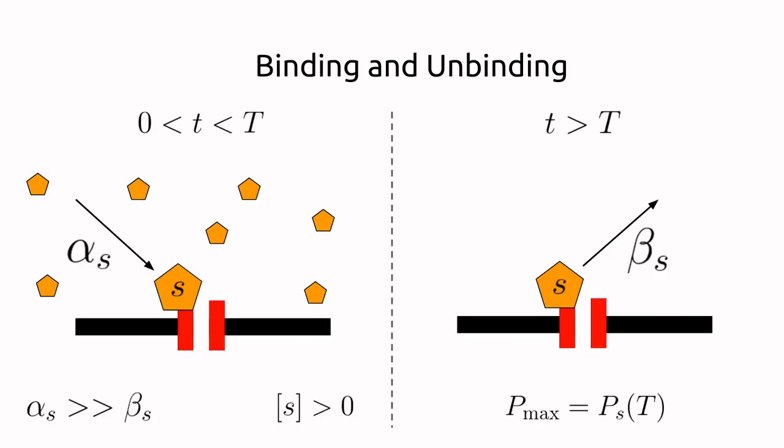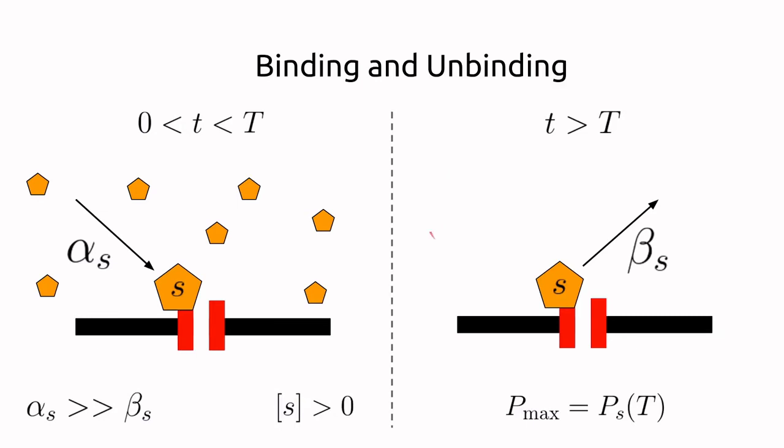So since the binding and the unbinding processes occur at different rates, we can treat them separately and as one happening after the other. Basically, because the binding process is so much faster than the unbinding process, all of the binding is completed before any of the unbinding starts happening.